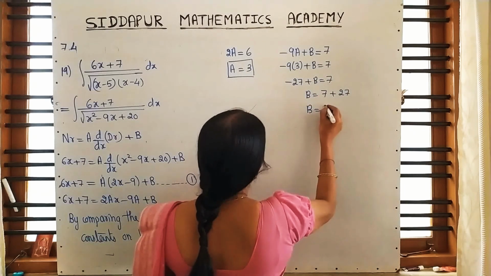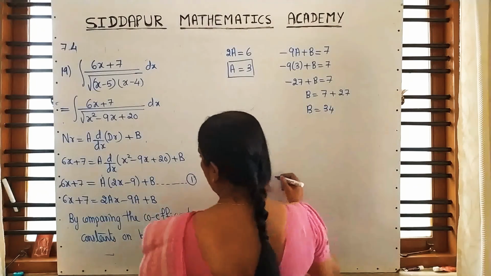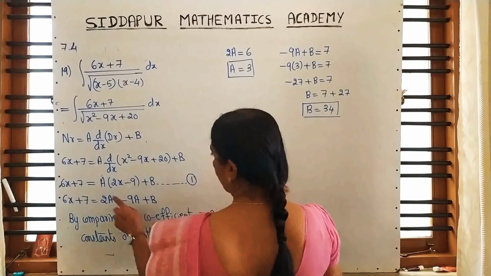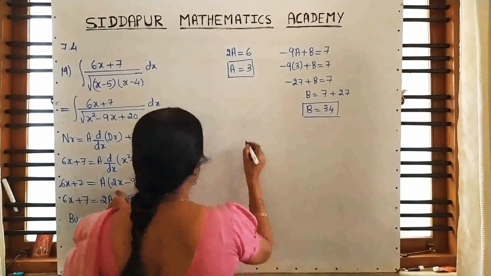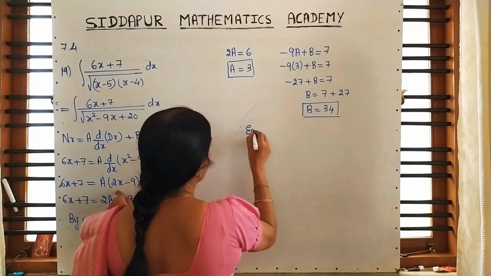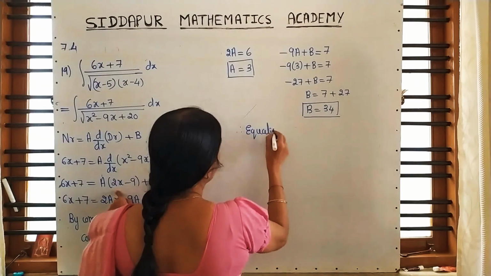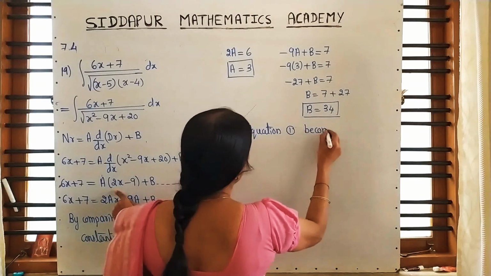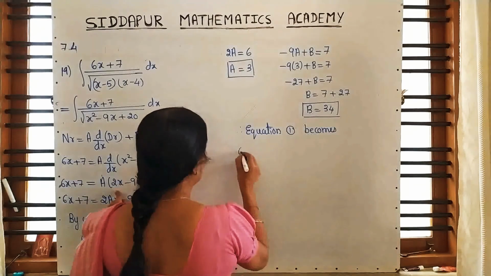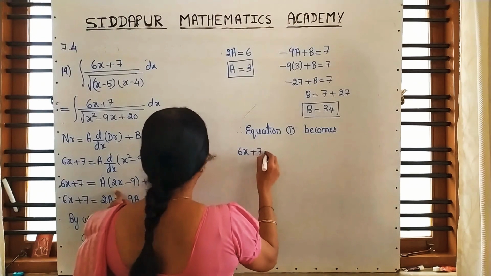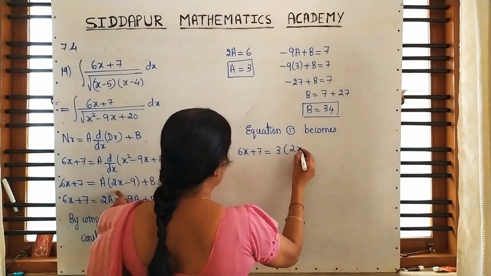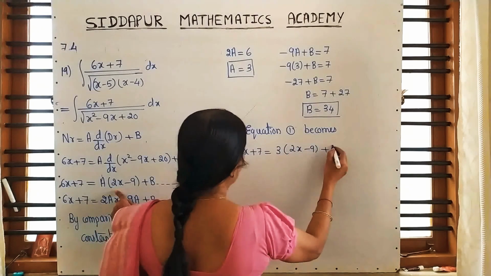That is b is equal to 34. Now, therefore, equation 1 becomes 6x plus 7 is equal to a value is 3 in the bracket 2x minus 9 plus 34.